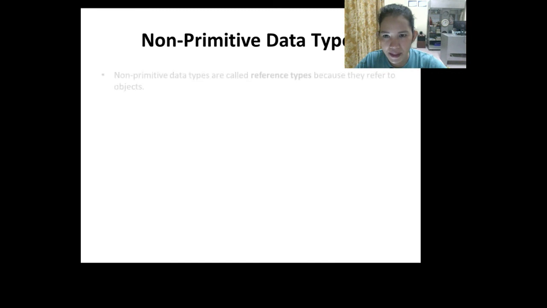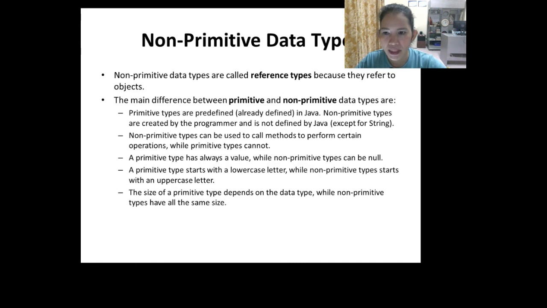Non-primitive data types. Non-primitive data types are called reference types because they refer to objects. The main difference between primitive and non-primitive data types is that primitive types are predefined, already defined in Java.